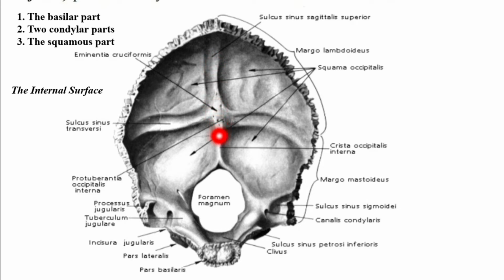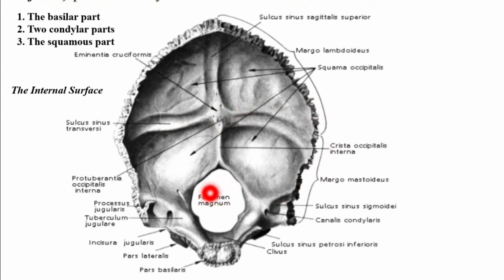As you go down, it forms the crista occipitalis interna, right? Then across, there is a sulcus again, called the sulcus sinus transversi, a groove for the transverse sinus, right?